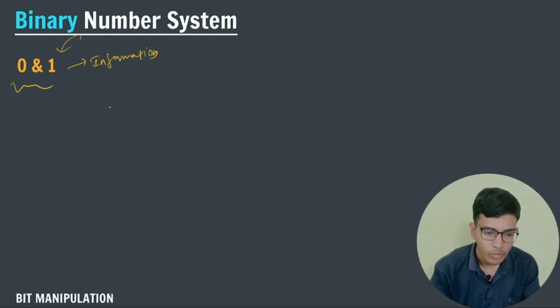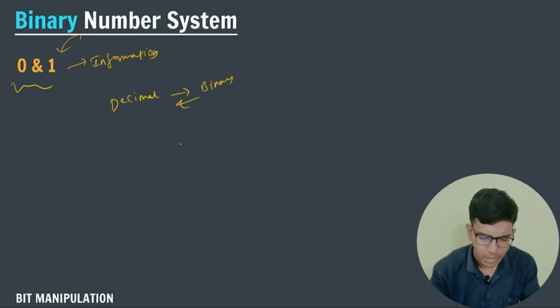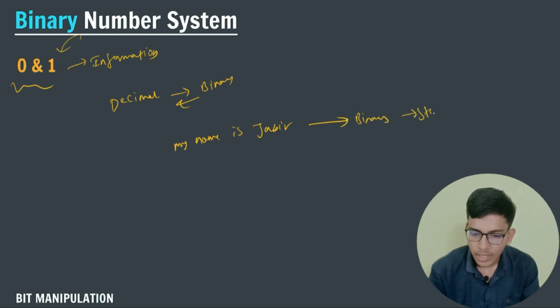So let us see how we can convert decimal numbers to binary numbers, or binary numbers to decimal numbers. Suppose I am storing my name, Jabir, then this information is converted into the binary number system and stored in our computer.